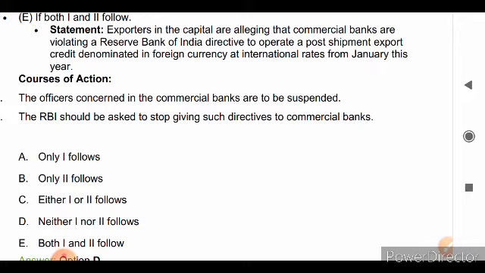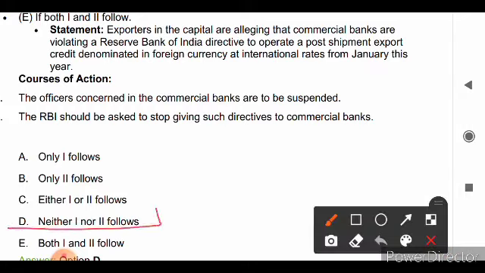Action 2: The RBI should be asked to stop giving such directives to commercial banks. So the statement mentions that the commercial banks violate a directive issued by the RBI and the remedy is only to make the banks implement the directive. So both courses of action do not follow. So the answer of this question is option D, neither 1 nor 2 follows.